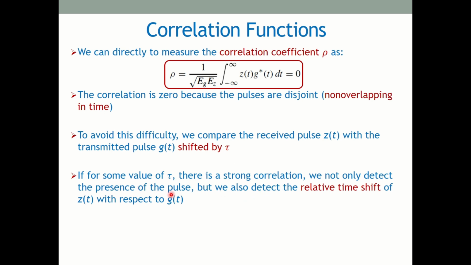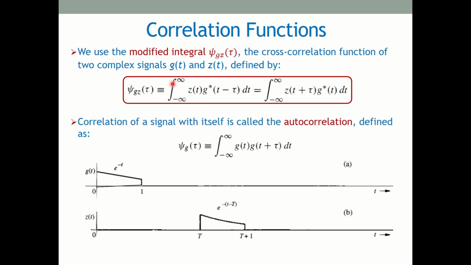We not only detect the presence of the pulse, but we will also detect the relative time shift between z(t) and g(t). So if we sweep this value of time, we will see that for a certain value of time, the correlation coefficient will be high. Right, so the correct formula for this scenario is the modified integral, which is represented by this psi.